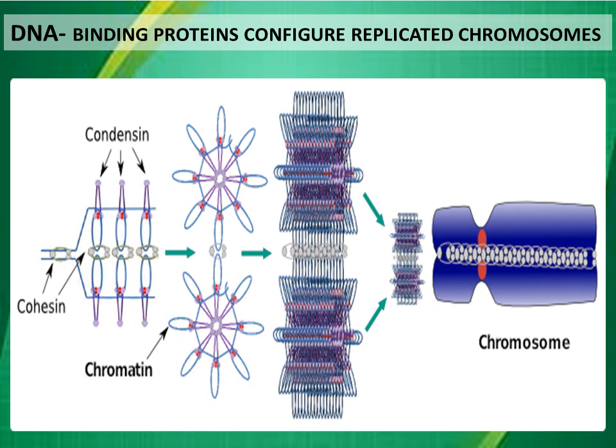The sister chromatids are held together by protein complexes called cohesins, which assemble along the length of each sister chromatid as the DNA is replicated. This cohesion between sister chromatids is crucial for proper chromosome segregation, and it is only broken late in mitosis to allow the sister chromatids to be pulled apart.